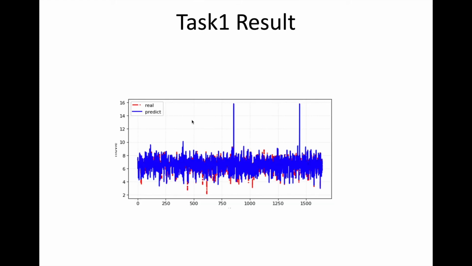So this is the task 1 result. This graph is the result of the neural network. The linear regression result is very bad. The RMSE value is extremely huge. But we can see the task 1 result for the neural network is relatively good, based on the train test split we described before.